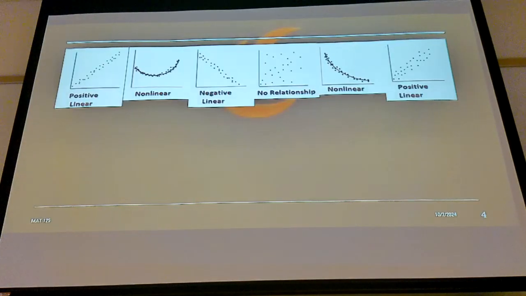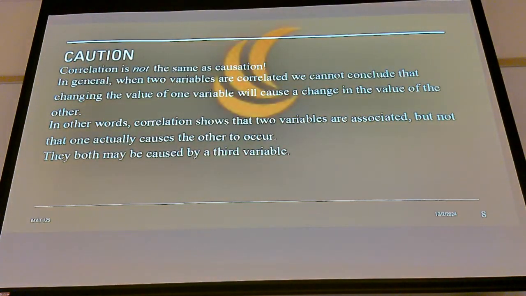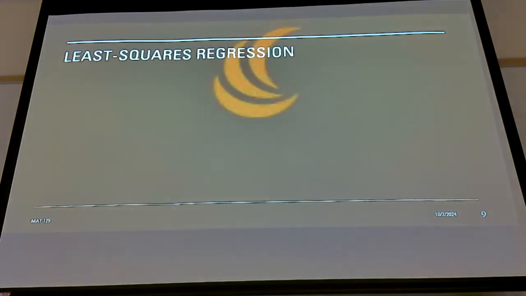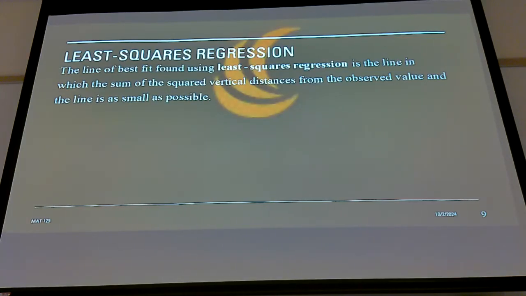This is made so much easier with linear algebra. It's called least squares regression. The line found using this method is the line in which the sum of the squared vertical distances from the observed value and the line is as small as possible.